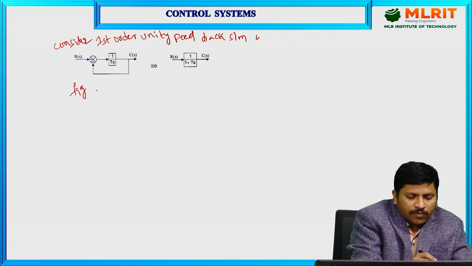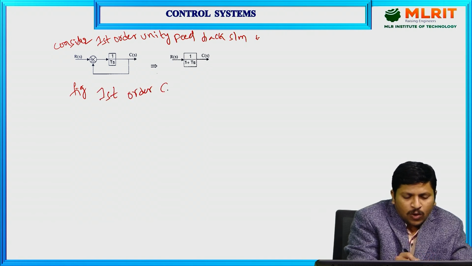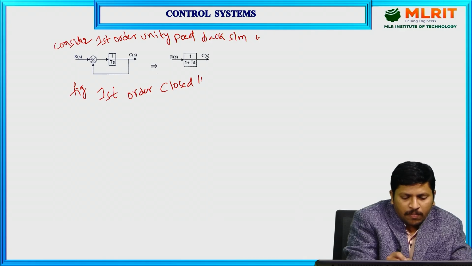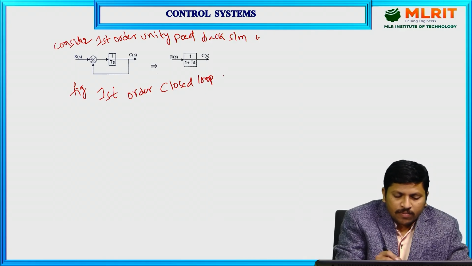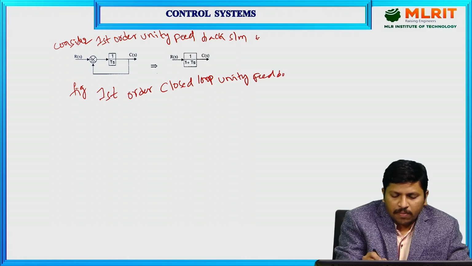Here the first order system is the first order closed loop unity feedback system.